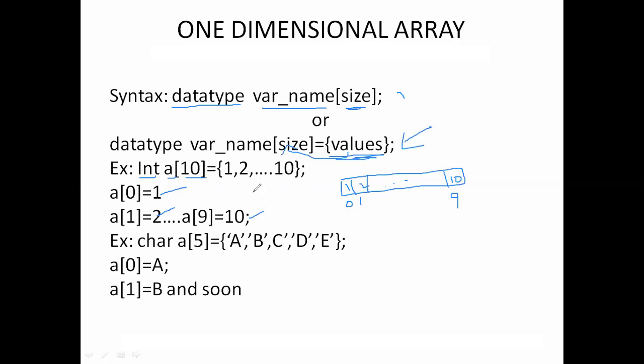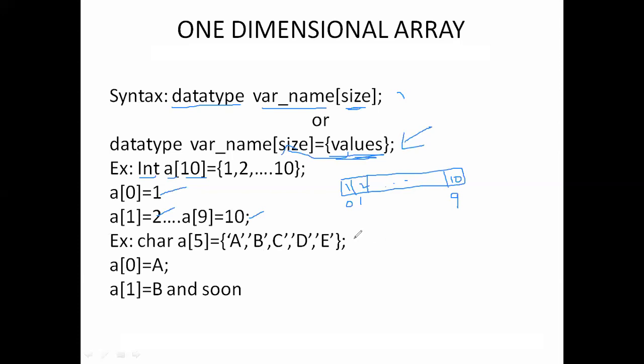Another way to represent an array is to directly give the character a of 5, then input the values using the scanf statement. In the previous example we gave the values directly. If you want to give your own values, you have to input the values from the system.